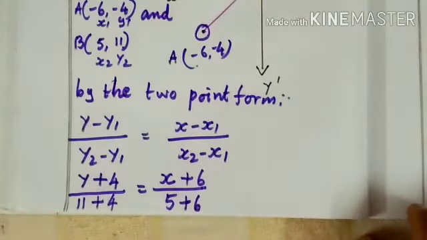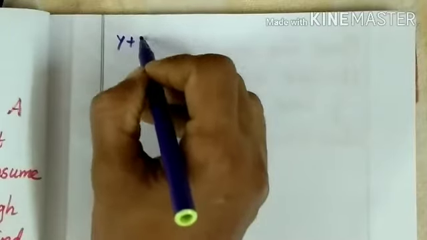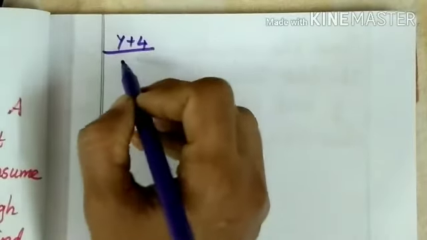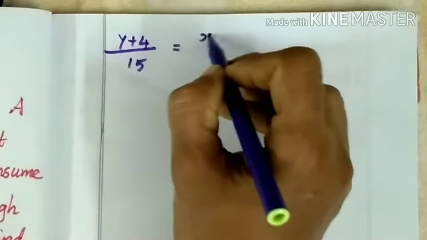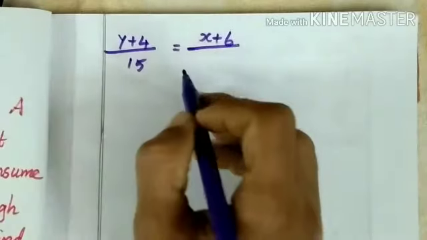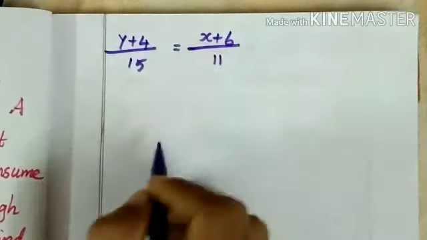Now, you have to simplify this, means we get y plus 4 by 11 plus 4, 15, is equal to x plus 6 by 5 plus 6, 11.